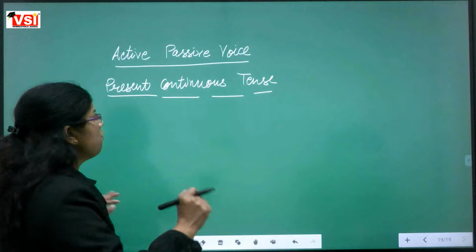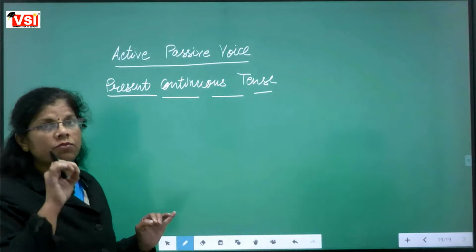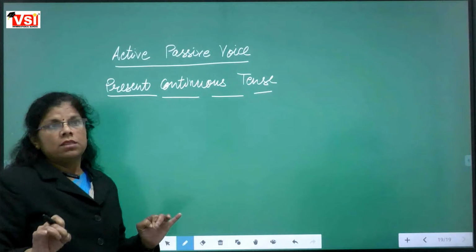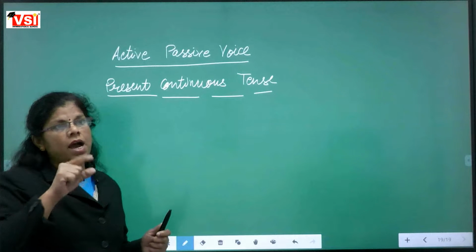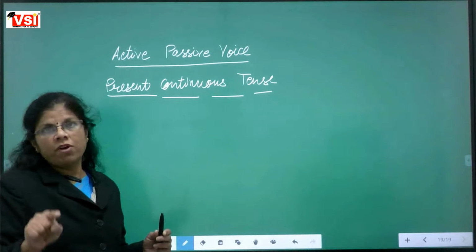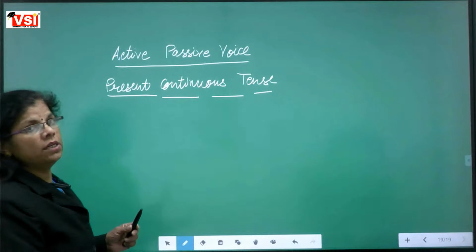Fine. First of all, we should focus on the active sentences, what kind of sentences are called continuous sentences actually. The sentences which contain ing with the first form of verb are called continuous sentences.